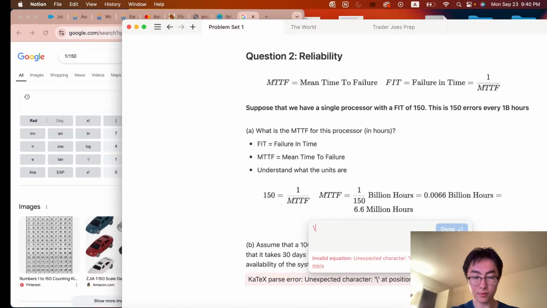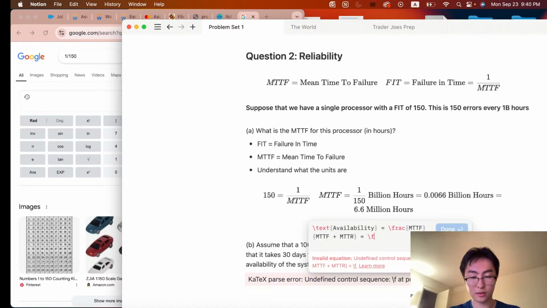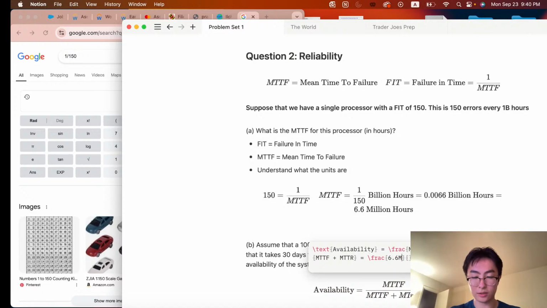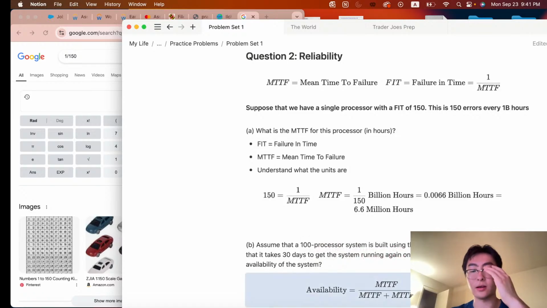Availability is mean time to failure divided by mean time to failure plus mean time to repair, which is practically 6.6 million divided by 6.6 million, approximately 1.